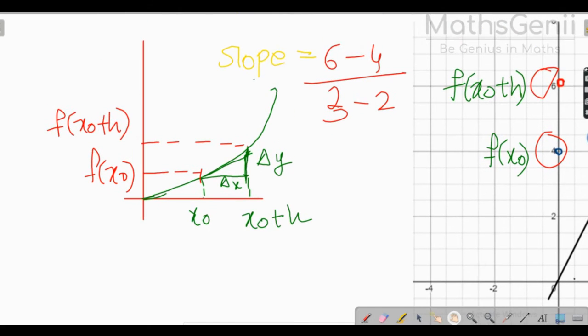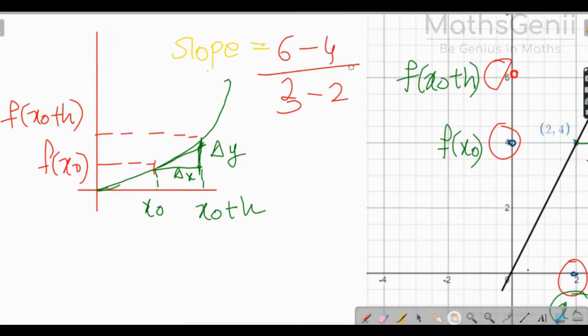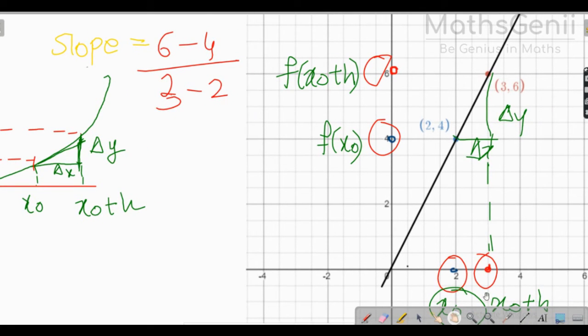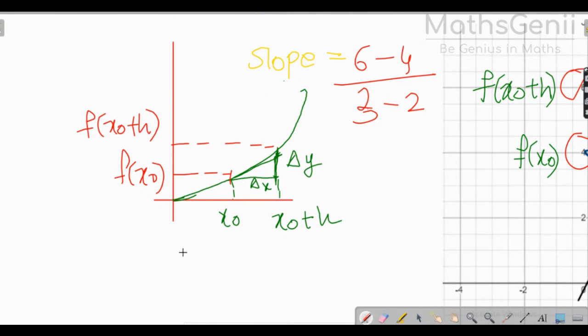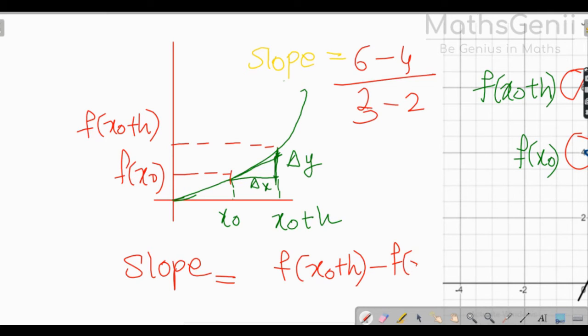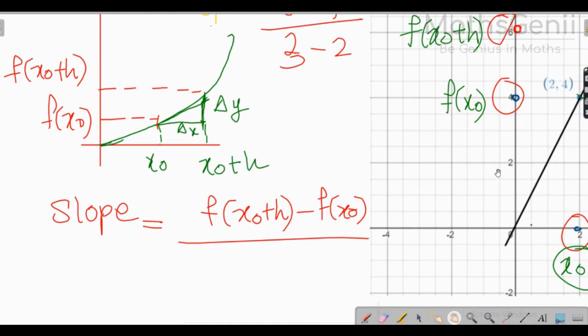Now copy this. Slope: 6 minus 4. So f of x naught plus h minus f of x naught. Instead of this, I'm using this. So slope is equal to f of x naught plus h minus f of x naught upon, what is the next, 3 minus 2?